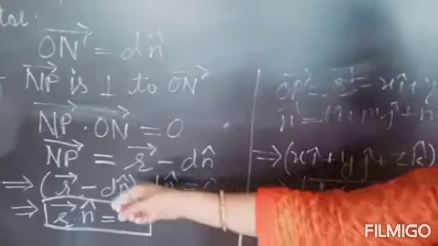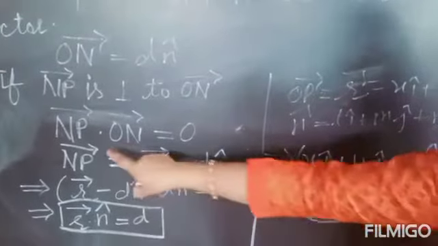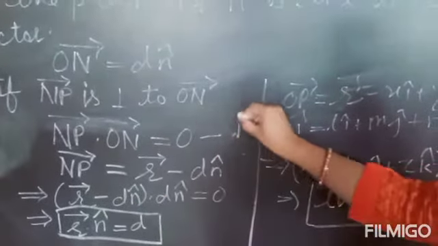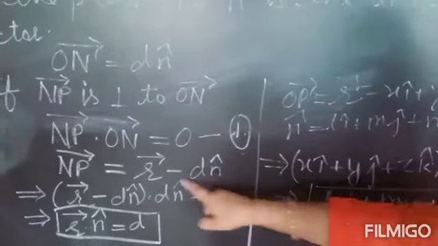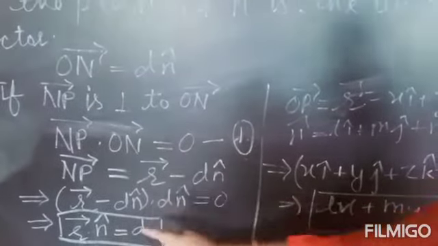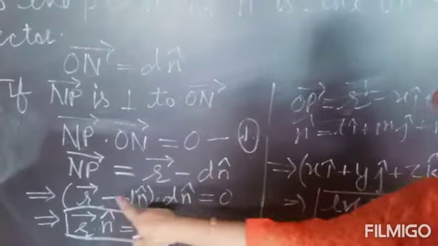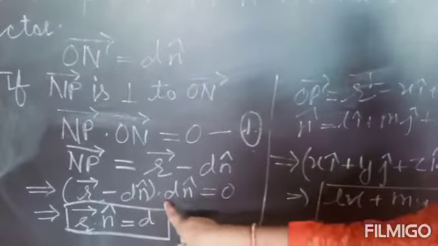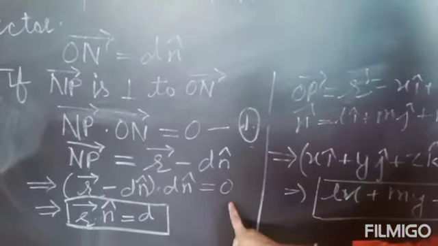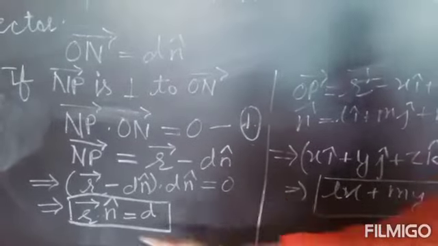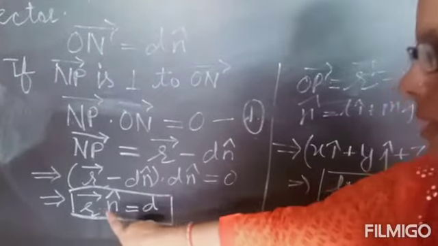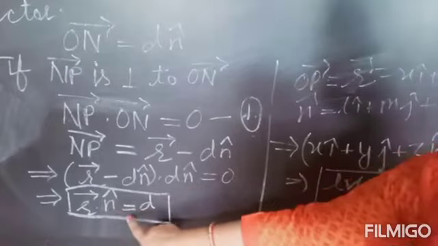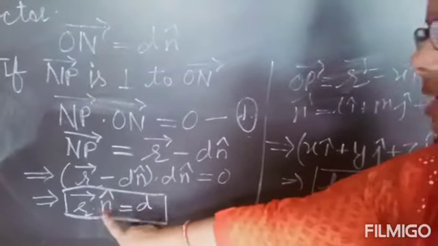So here we will put the value of NP in this equation. Suppose this is equation number 1. Putting the value of NP in equation number 1, we have r vector minus d n vector, dot product d n vector, is equal to 0. That gives r dot product n vector is equal to d, where n is a unit vector.